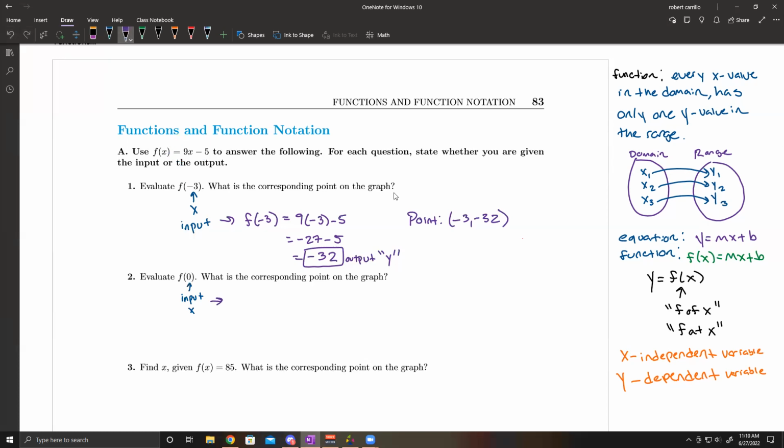So when we do that, f of 0 equals 9 times 0 minus 5. 9 times 0 is 0. 0 minus 5 is -5. There's our input, our output. The point that it would make if we were to graph it is (0, -5).